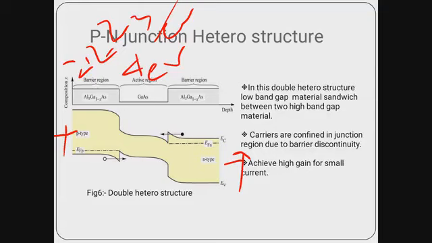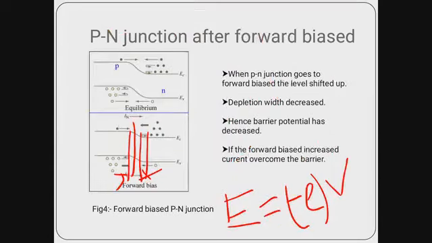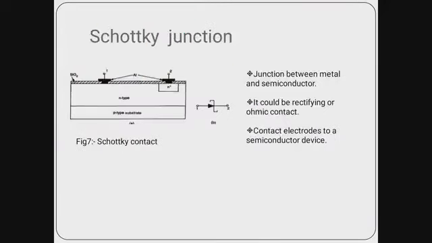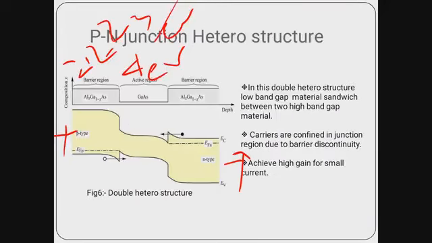That means the output current or the operation is totally controlled by you. But in case of homostructure, this is not controlled by the operator. That is why we have chosen heterostructure as compared to homostructure, and the main reason is discontinuity.